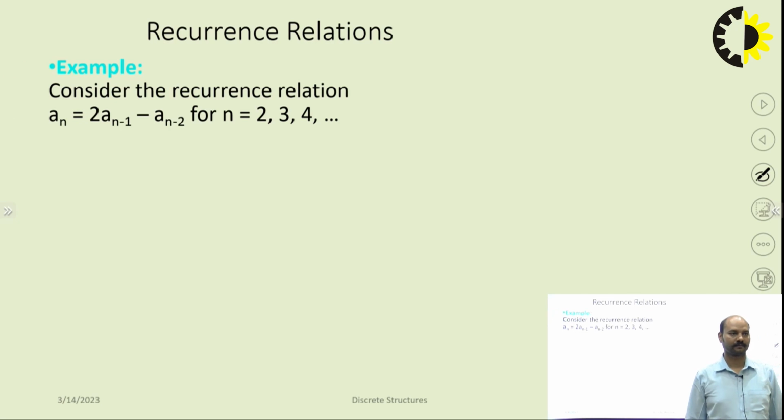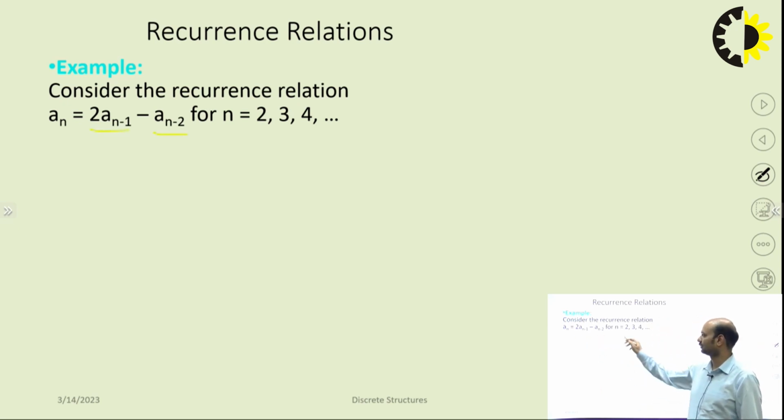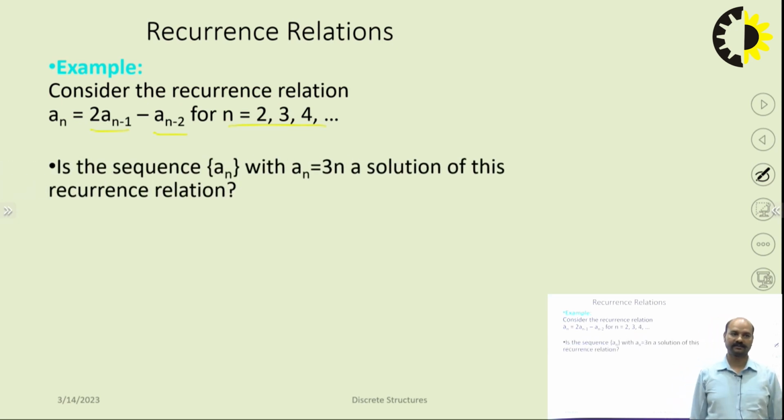So, consider the recurrence relation an is equal to 2 times an minus 1 minus an minus 2, for all values n greater than or equal to 2. Is the sequence an equal to 3n a solution? We check this particular sequence an equal to 3n.